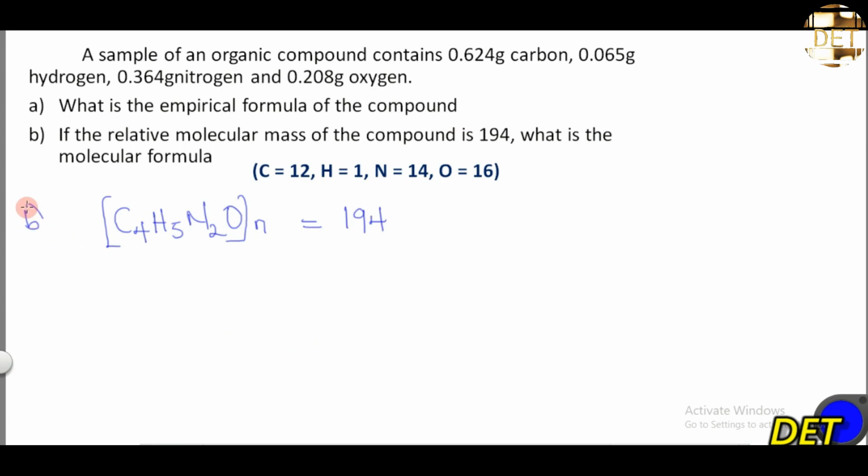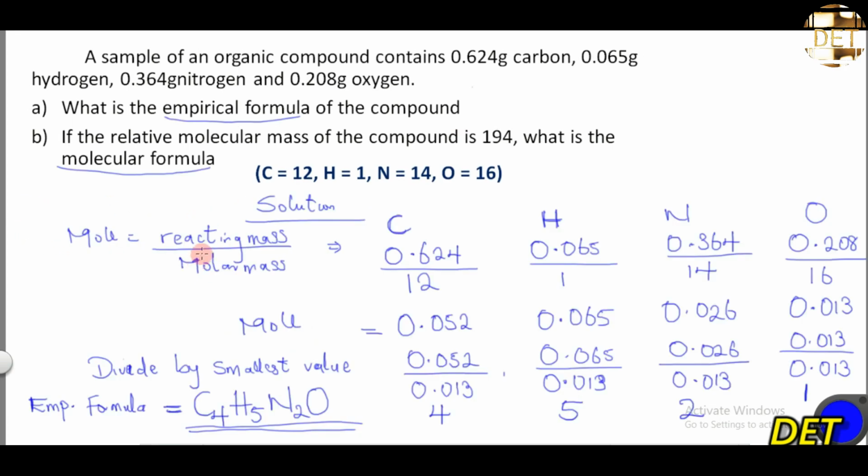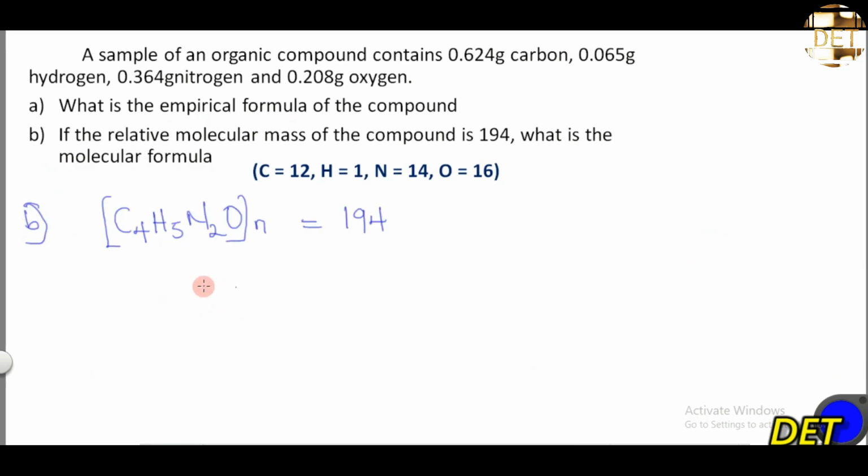So we're solving B now. Here we solved A, right? Here we're looking for B. Again, if the relative molecular mass of the compound is 194, what is the molecular formula?